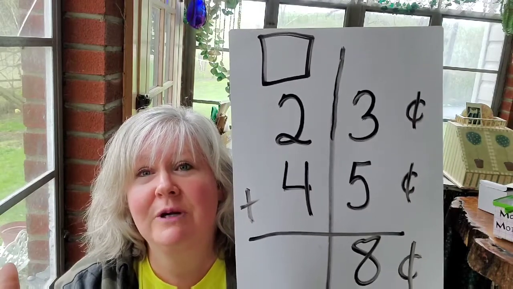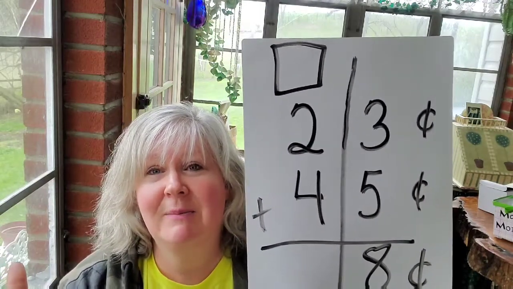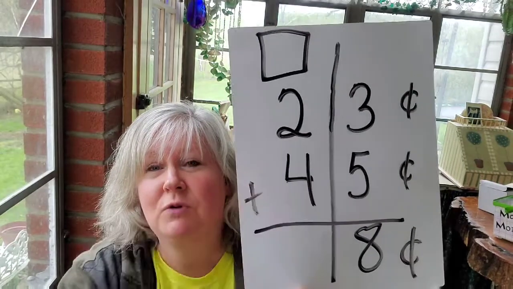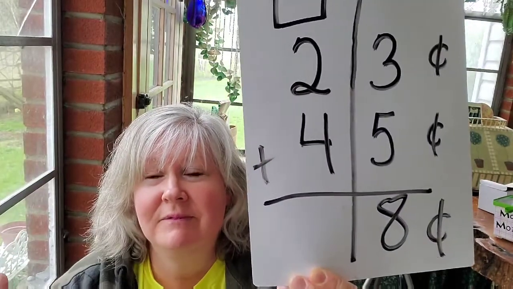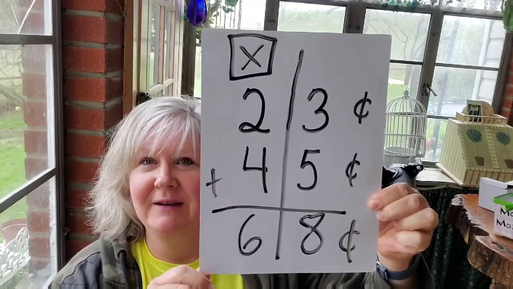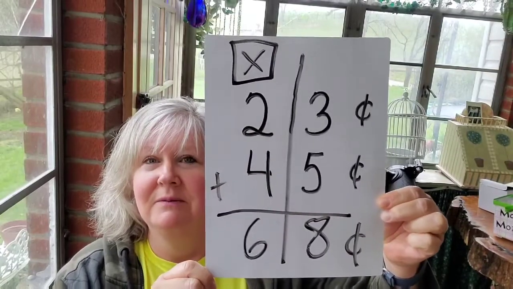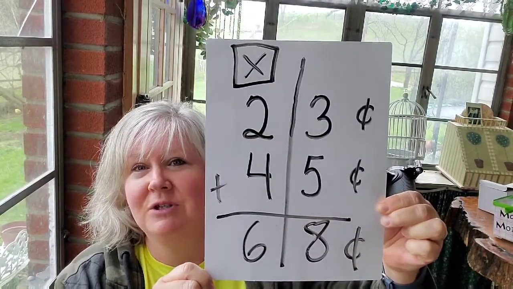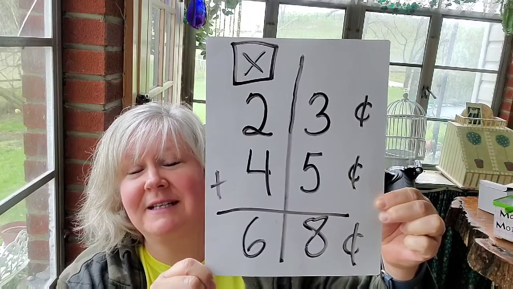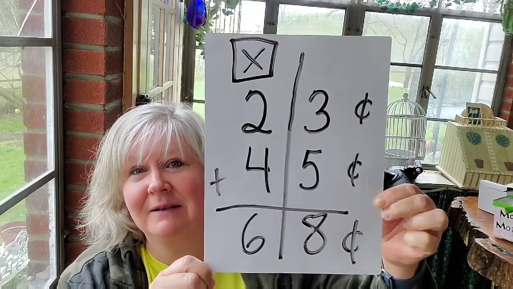There was no regrouping. So we're going to X out the box. And now I want you to add 2 plus 4, quick as a snap, 6. Let's write that in the tens. Can you see the whole thing? Okay. Here we have 23 cents plus 45 cents equals 68 cents.